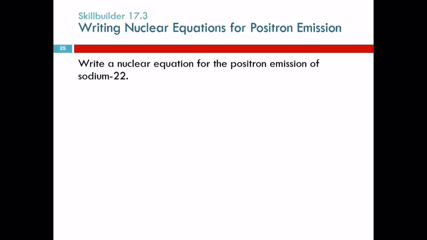So let's write an equation for positron emission. Sodium-22. So sodium is Na. Mass number is 22. We look at the periodic table. Atomic number is 11. Positron emission, we've got e, 0, plus 1.